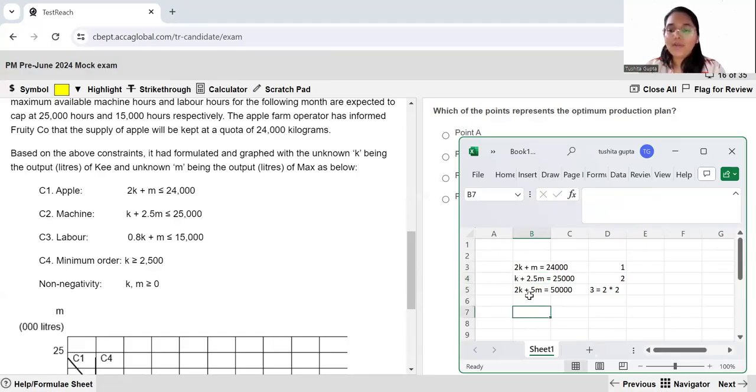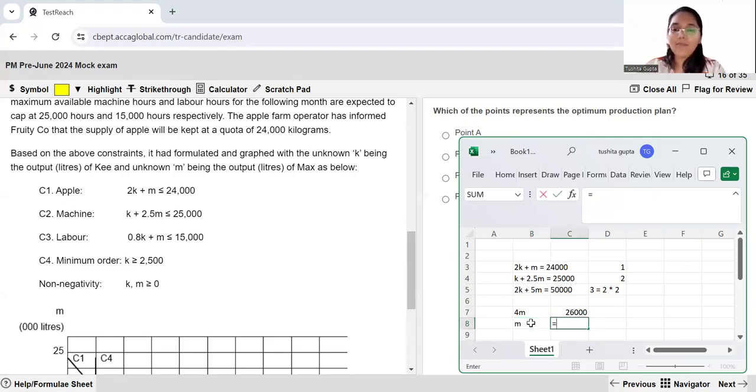So now I have equation 3 and I have equation 1. I'm just subtracting 3 and 1. If I subtract 2K from 2K, I am left with nothing. It's a 0. 5M minus M leaves me with 4M, and 50,000 minus 24,000. So this is what I'm left with: 4M is equal to 26,000.